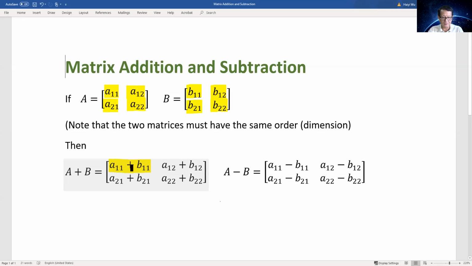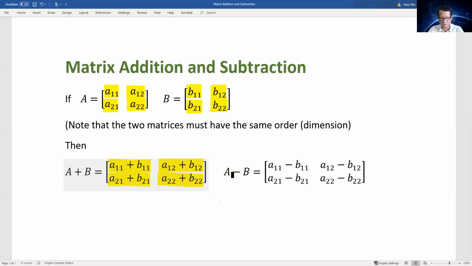So we call this adding corresponding elements. Next one will be A12 plus B12. You can see it must be the same row, same column. Finally, A21 plus B21, and the last one is A22 plus B22. So we just added the corresponding elements together.